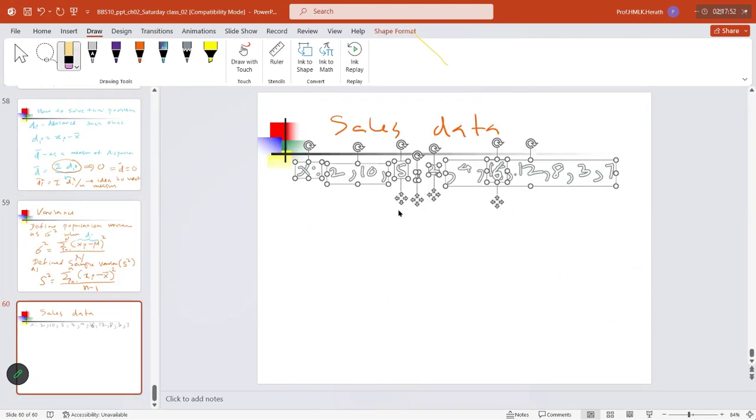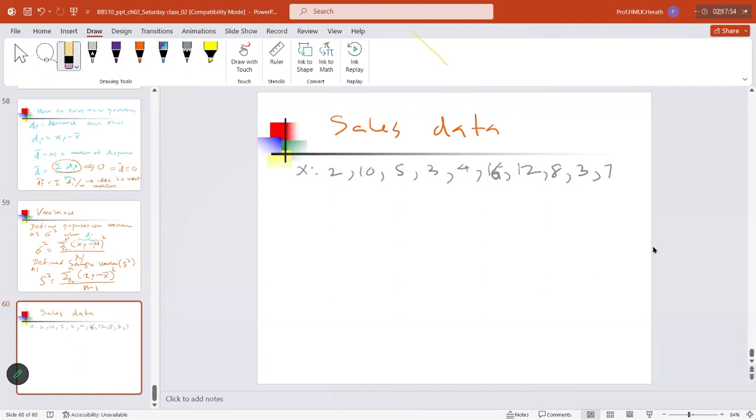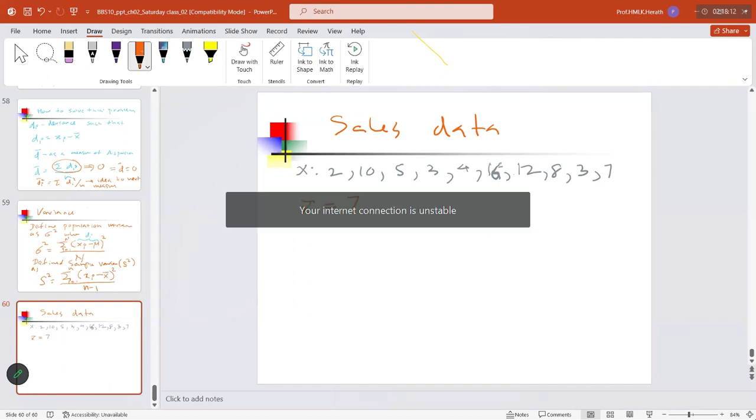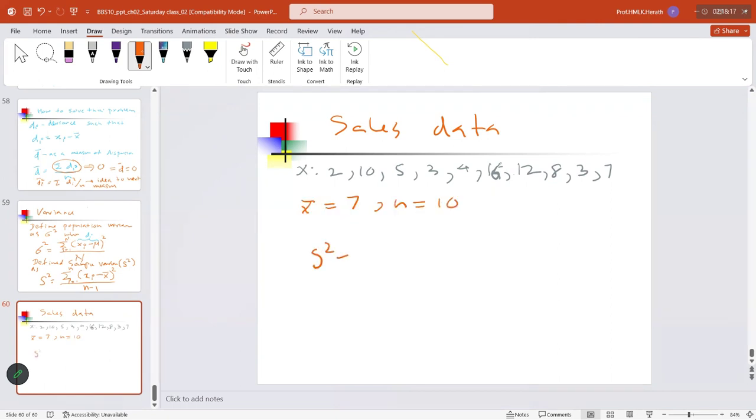We need x bar. So x bar is 7 and sample size is 10. And s squared equals summation xi minus x bar squared divided by n minus 1.